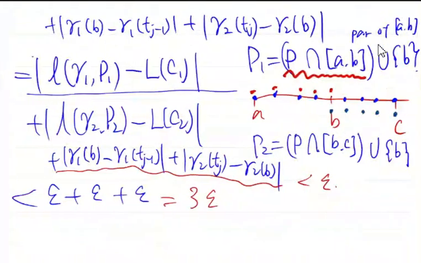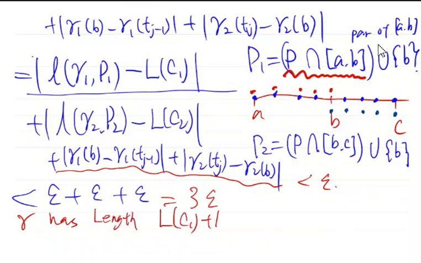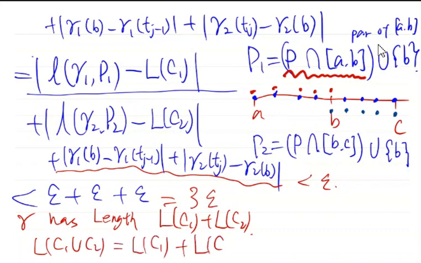So this proves that gamma has length L(C1) plus L(C2). But gamma is a parametrization of the union curve C1 union C2. That is, the length of C1 union C2 is the length of C1 plus the length of C2. So this completes the proof of this theorem, this lemma. This will be useful later.